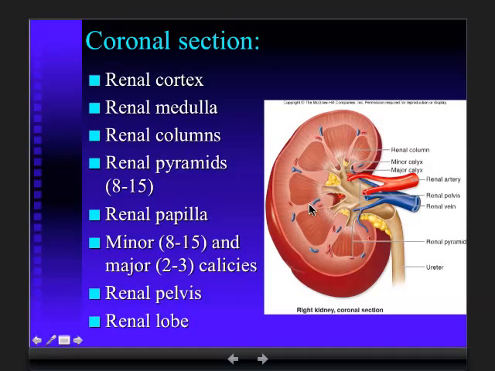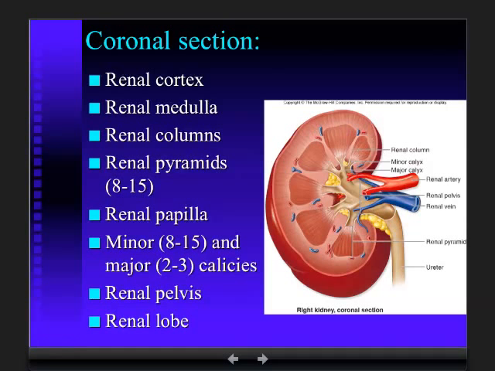The renal columns, for our discussion, aren't where the action is. They're the place where the boring stuff happens, as in blood vessels trying to get from the entry point, the hilum of the organ, out to the cortex, traverse through the renal columns, as do nerves, as do lymphatics.